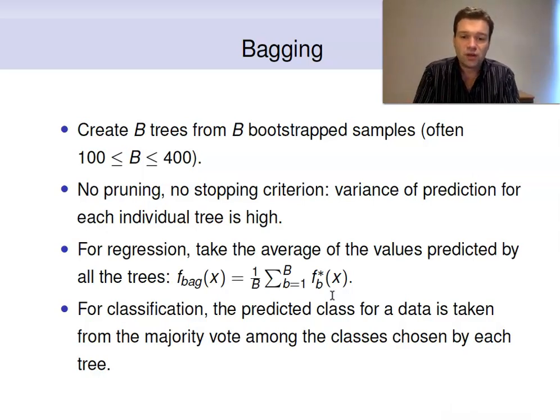That means that the predicted class for a data point is taken from the majority vote, the highest number of times that a class has been chosen among the B trees, the majority vote among the classes chosen by each tree.